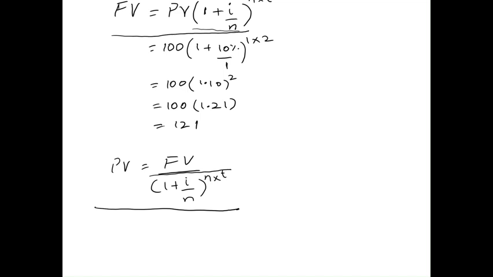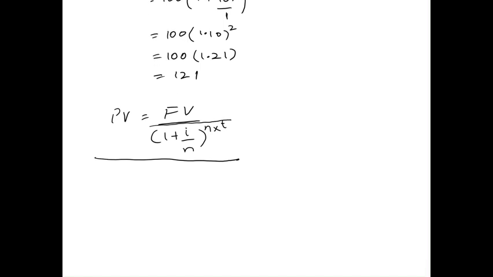Again, if we plug the numbers into this formula, we know our future value was $121 from up above. Then we go 1 plus, again, same thing, 10% over 1, and then 1 times 2.